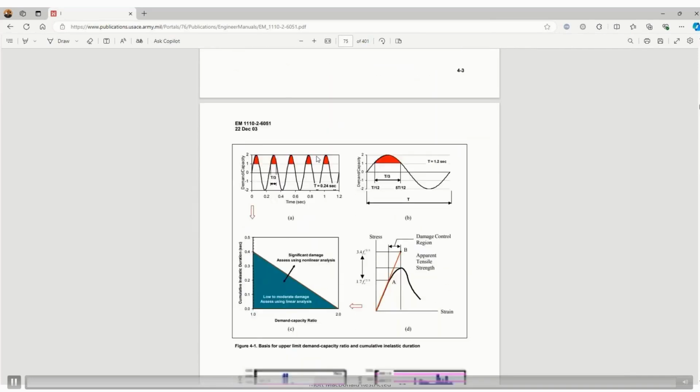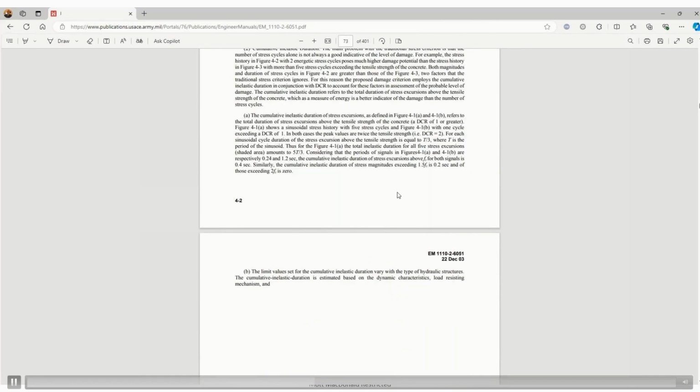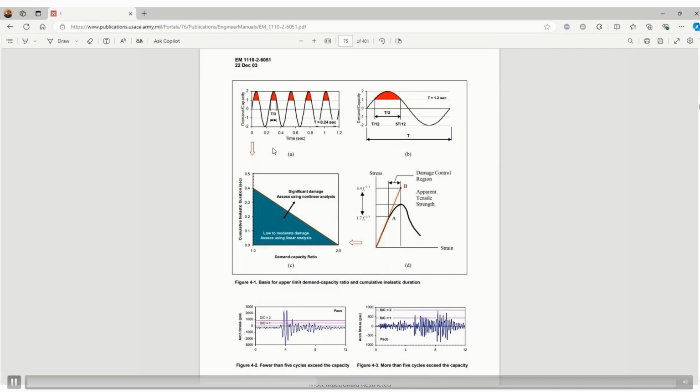Okay, let's see here. Please go through this explanation. I'll just quickly go through this. As we have seen earlier, demand capacity ratio is not the only criterion by which our dam may fail.